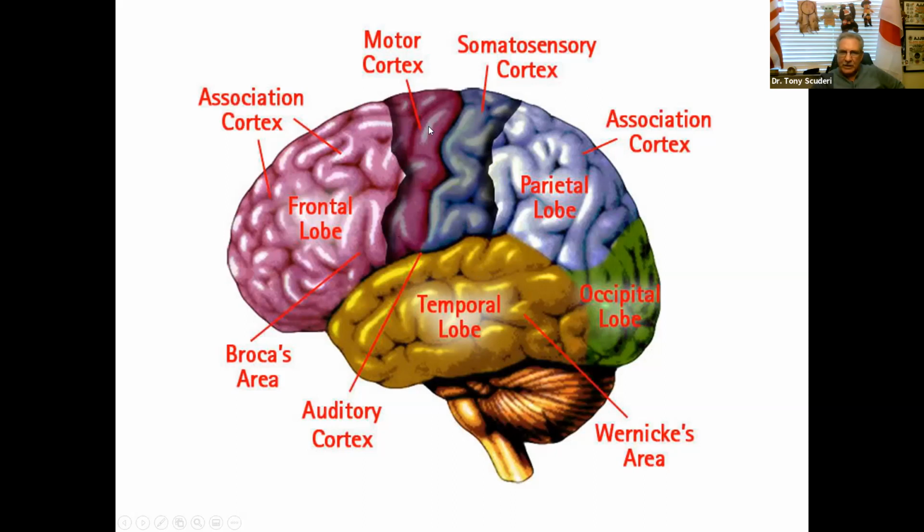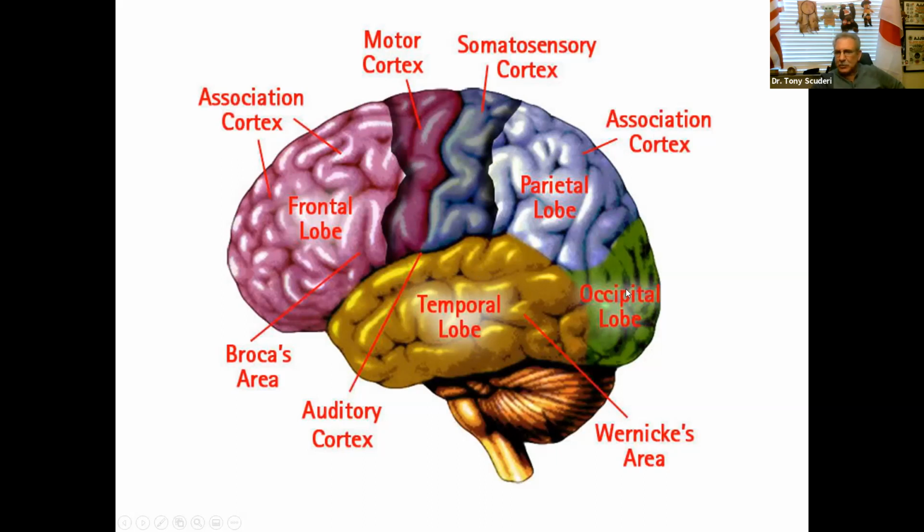As we go up, we see two little strips. We have the parietal lobe. We have the motor strips here. This is the motor cortex for movement. Sensory cortex, somatosensory cortex for our sensation. As we go a little bit further back, we've got this little area called the parietal lobe with another association cortex in that, and we'll talk about that later.